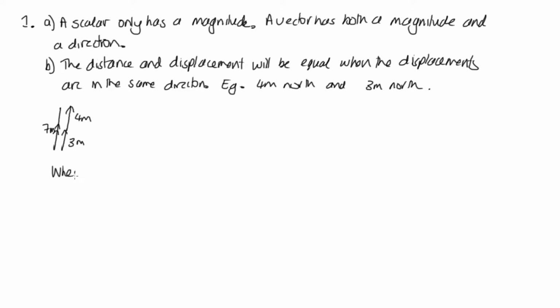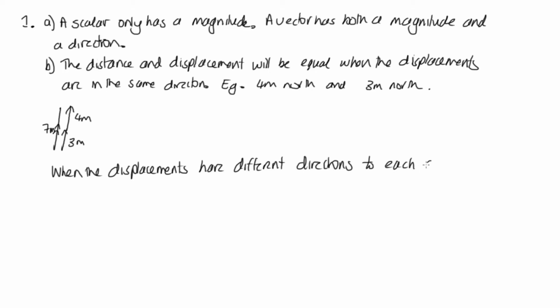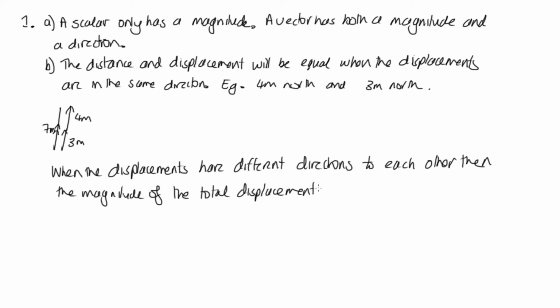So when the displacements have different directions to each other, then the magnitude of the total displacement will not equal the distance.